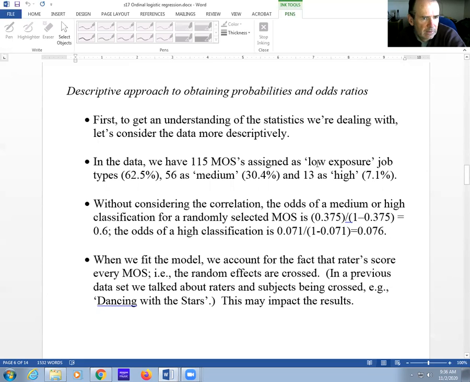And it was only high for about 7% of them. So what I did was just calculate odds: the odds of medium or high classification compared to low, 0.6, and the odds of high versus medium and low, 0.076. So we have a way to compare our results here in a second to descriptive results.